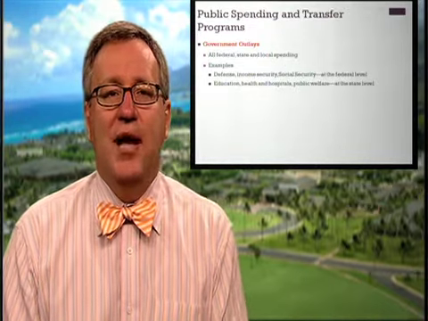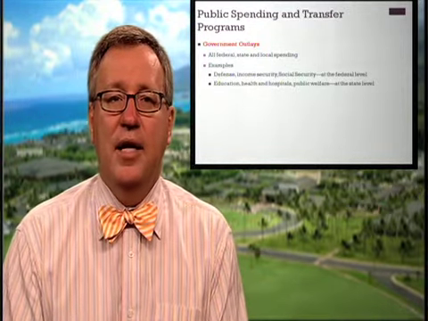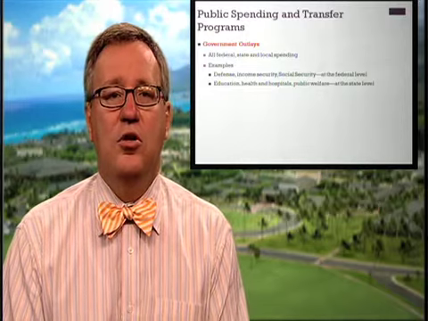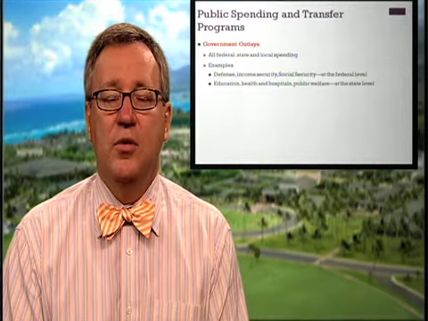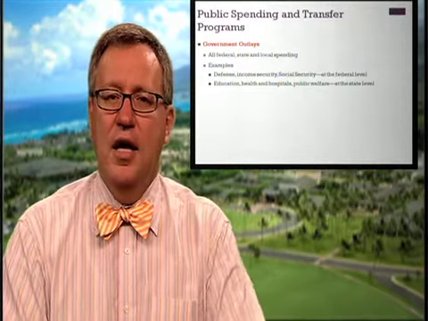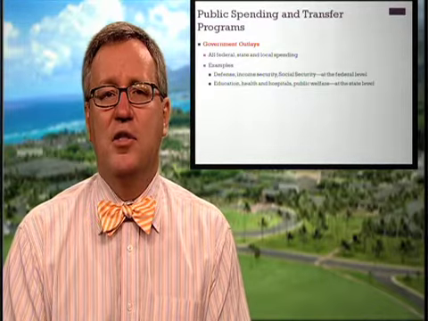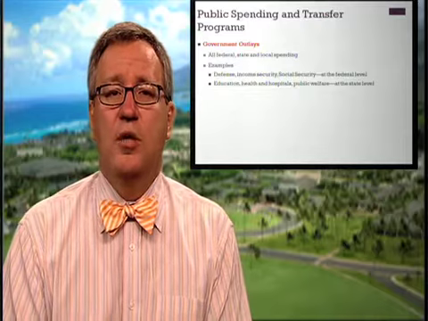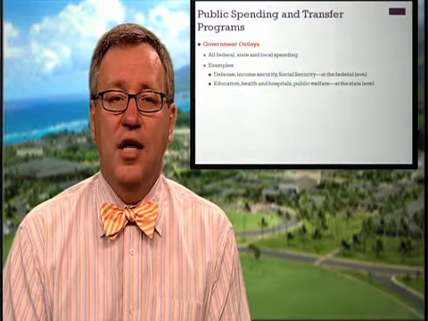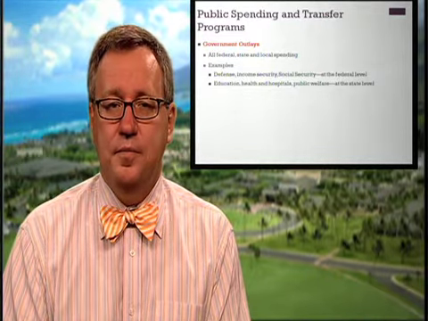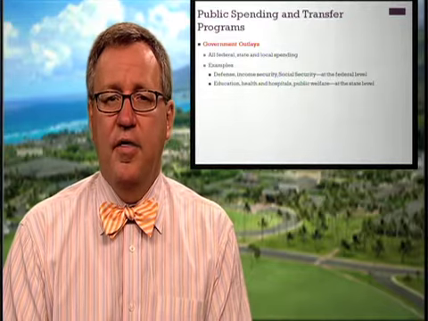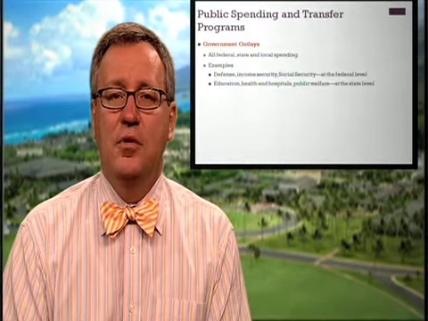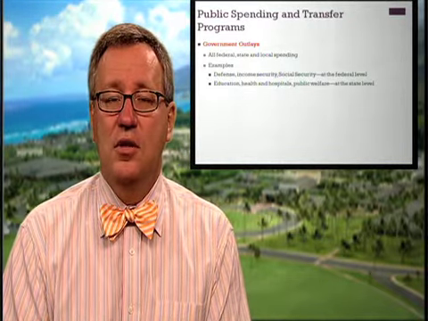Now let's talk about government outlays. Government spends a lot of money. Federal, state, local spending is enormous. When you think about what your tax rate is, right now you're a student, so you're not making very much money, but think about your parents. Most of your parents are probably doing pretty well. They have a 35% federal tax bracket, which means 35% of their income is paid in federal taxes.